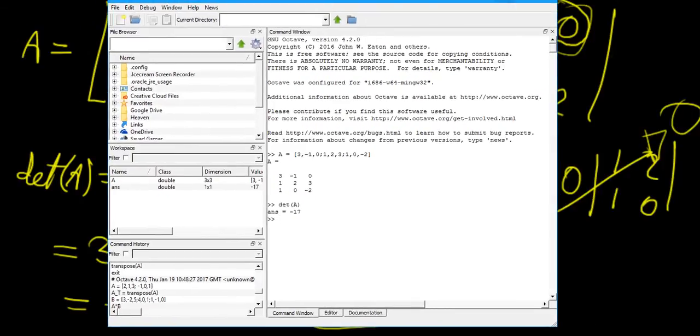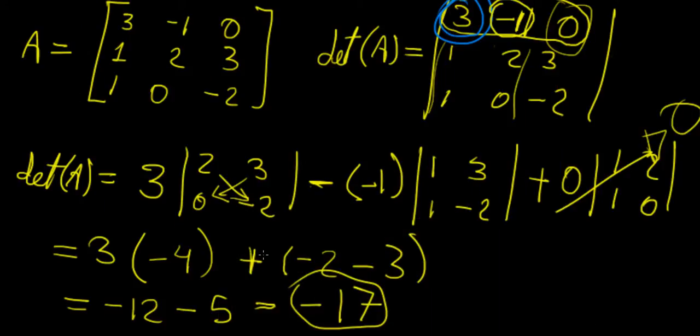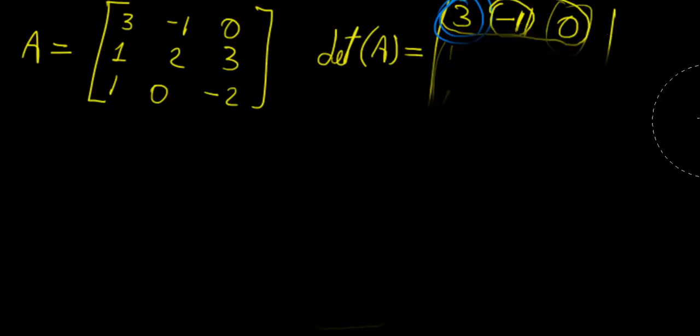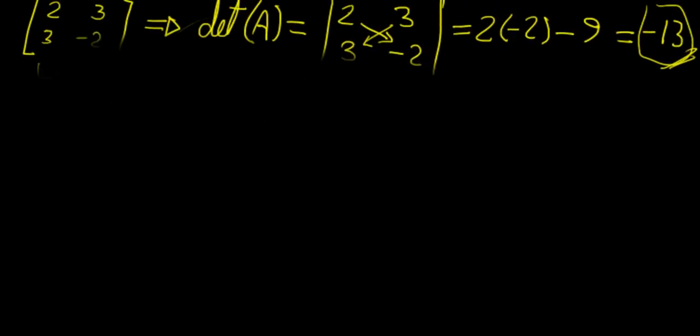So now that we understand how this works, we can begin to explain what will happen for higher dimensional determinants. So now instead of a 3 by 3 matrix, let's see what happens when we have a 4 by 4 matrix, and that one is going to be a little bit more complicated, and you will see why. You can begin to imagine what this is going to look like.